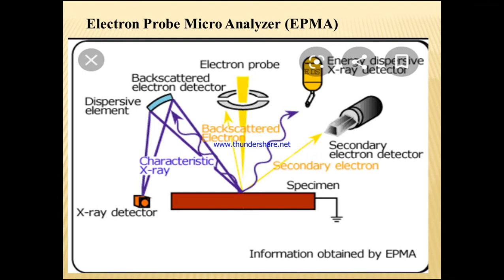The electrons generated from the electron gun or electron source come and hit the sample, or scan the sample, at 360 degrees, atom by atom, for the analysis.